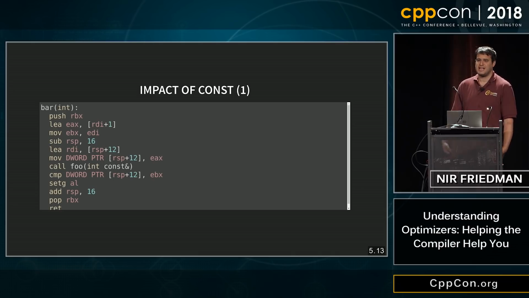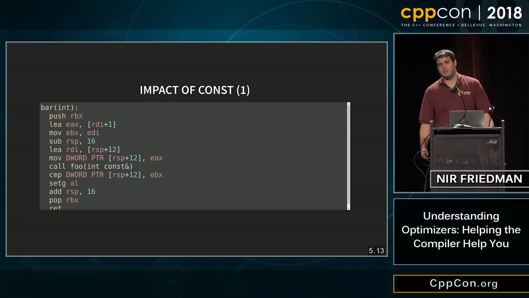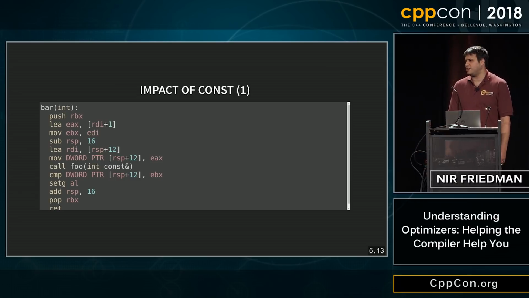But once you change it to pass by value, you don't need the const anymore. So I guess there are different views on how const affects optimization. One person that I talked to said the impact is not 0, but it rounds to 0. That's kind of my view on it. You can find edge cases where const makes a difference, but this is a pretty simple case, and the compiler's not doing anything.